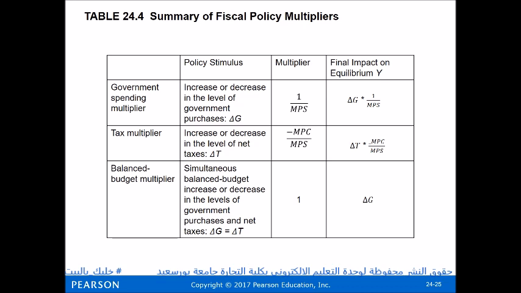Finally, the balanced budget multiplier: a simultaneous balanced budget increase or decrease in the levels of government purchases and net taxes, when delta G equals delta T. The value of the multiplier, the balanced budget multiplier, is unity, or equal to 1, and the resulting change in Y, or delta Y, will equal delta G.